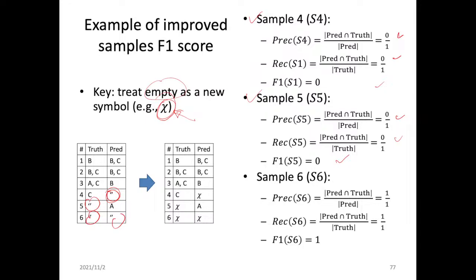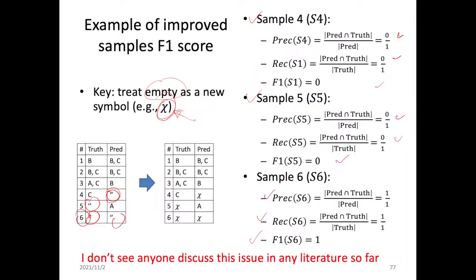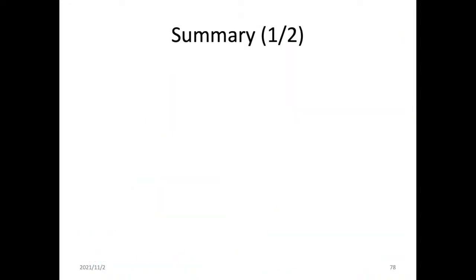But for the 6th instance, its precision, recall and F1 score will all be 1. And by the way, as I told you, I think this should be an issue for scikit-learn, and you are encouraged to submit a patch.